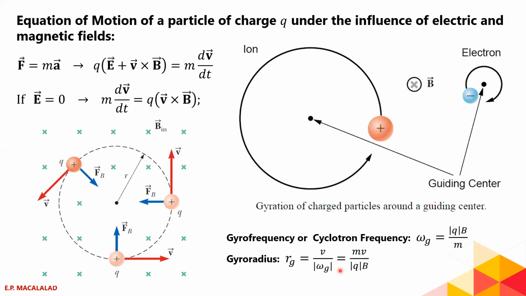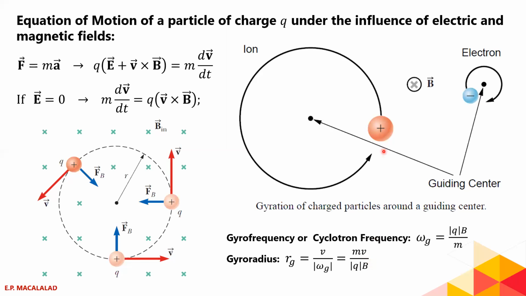This gyro radius equation is very important because it tells us the dependence of the radius of gyration on the mass, the speed, the charge itself, as well as the magnetic field. And we're going to use those relationships as we talk about drifts.